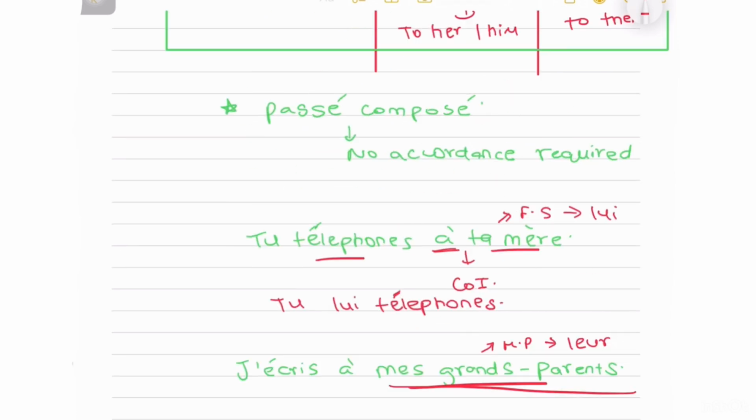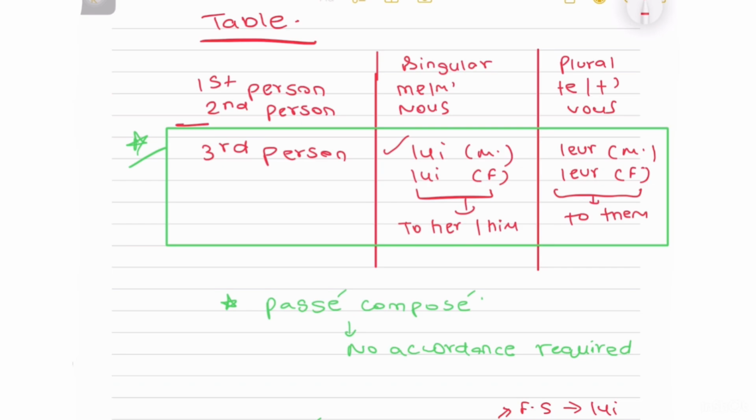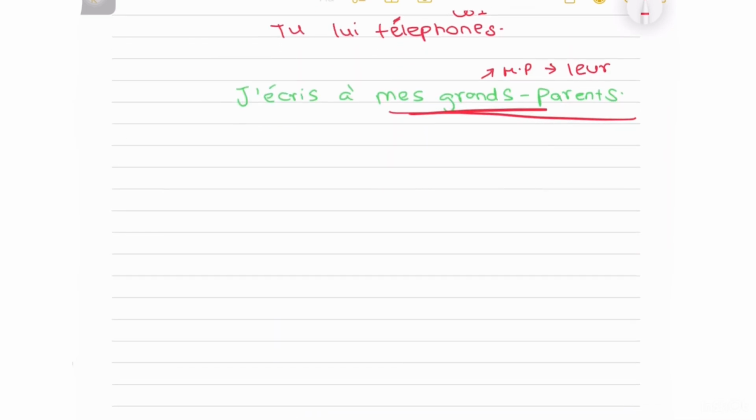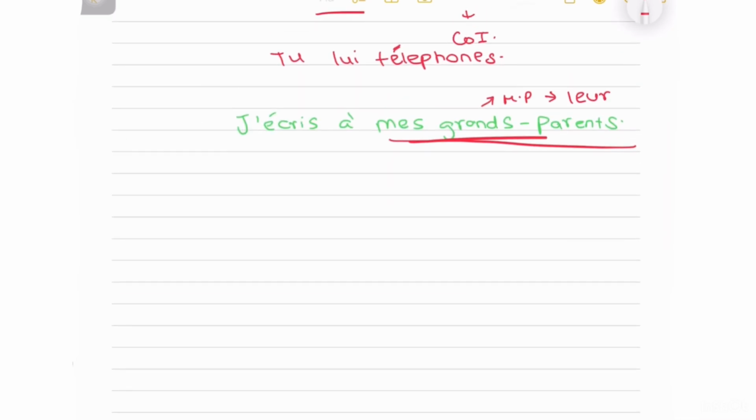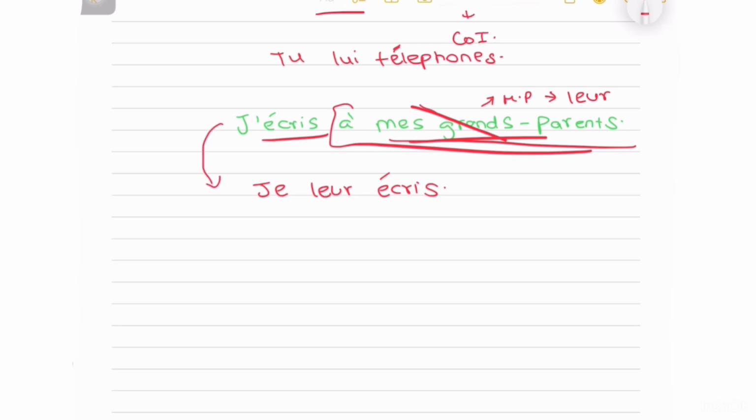Gender does not really matter, because masculine or feminine, you have the same thing for both of them. What matters is singulier and pluriel. So here, it will get replaced by leur. Where does this leur go? It goes before écris. So je leur écris. This portion gets cut off because this is what we're replacing. That's it. I write to my grandparents, I write to them.